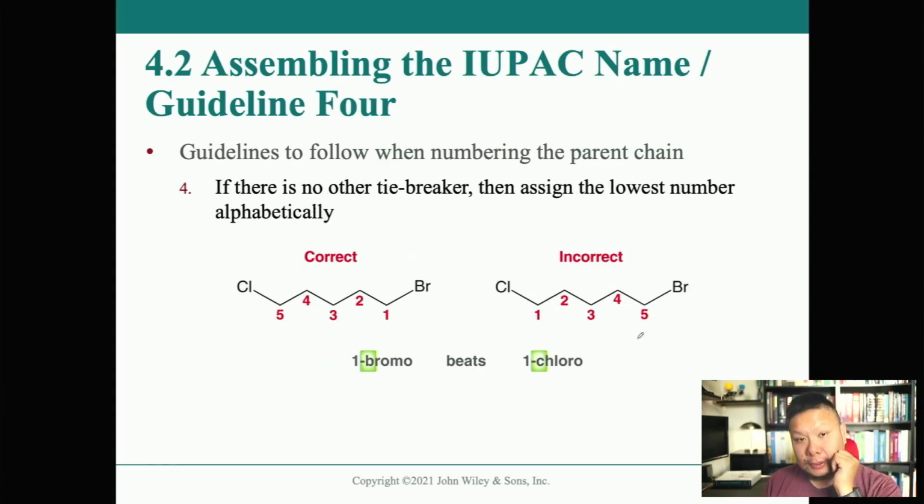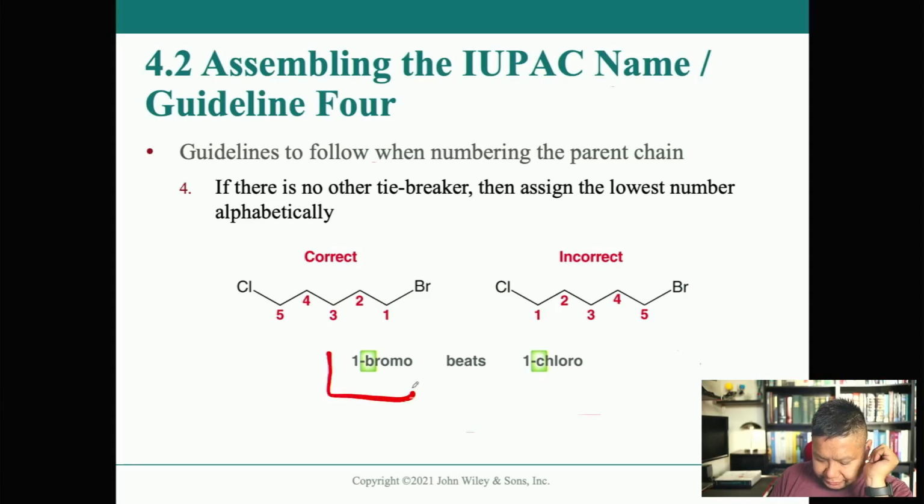Okay. Then, if there is no tiebreaker, then assign the lowest number alphabetically. Okay. So here we have a pentane with a bromine and a chlorine on it, right? So it's like 1-bromochloropentane or something like that, right?